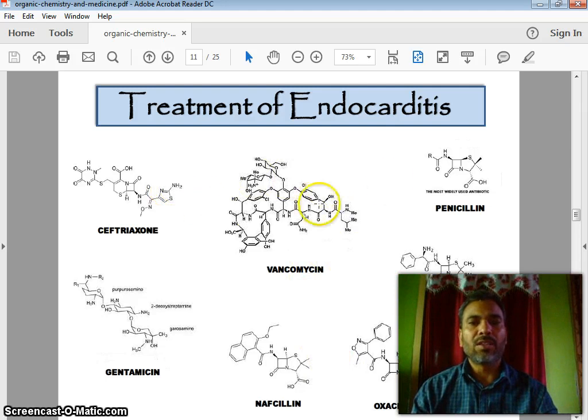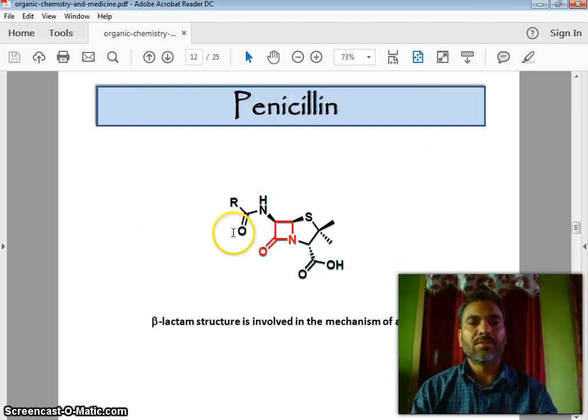All these are organic compounds. This is an organic compound, this is an organic compound, all organic compounds.